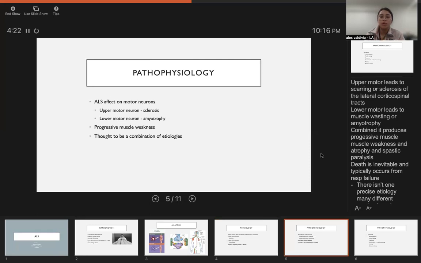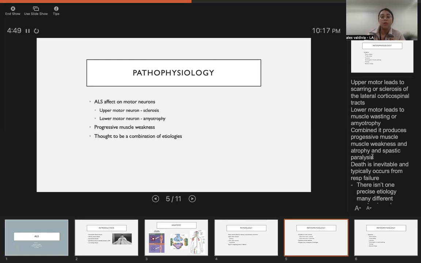The lower motor neurons lead to muscle wasting, also known as amyotrophy. Combined, it produces progressive muscle weakness, atrophy, and spastic paralysis. Death is inevitable and typically occurs from respiratory failure.